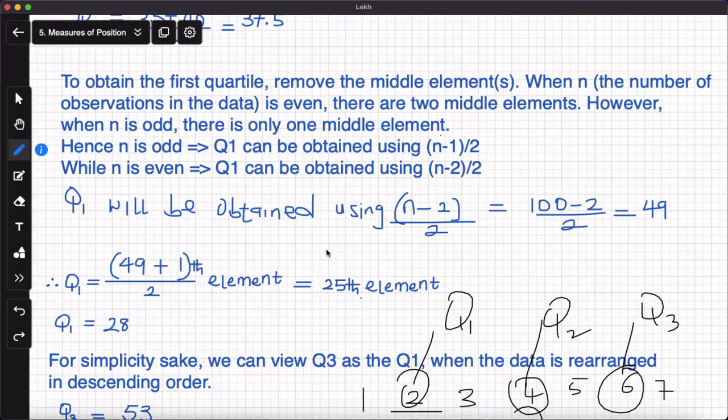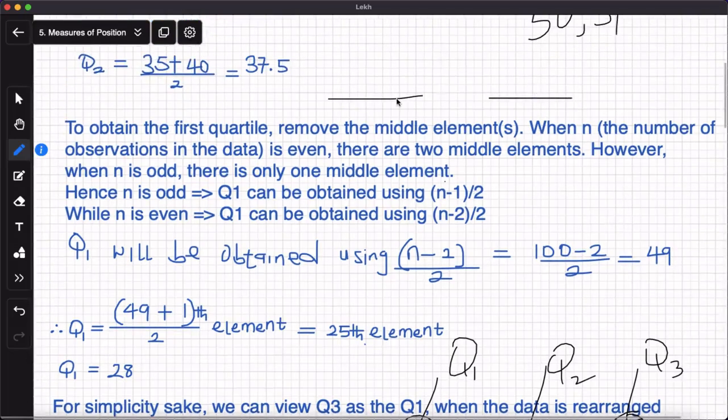Or rather, if n is even, then we need to remove the 2 observations in the middle, and then we'll have a number of observations to the left and a number of observations to the right. And what is going to be the number of observations that we will have to the left and to the right?